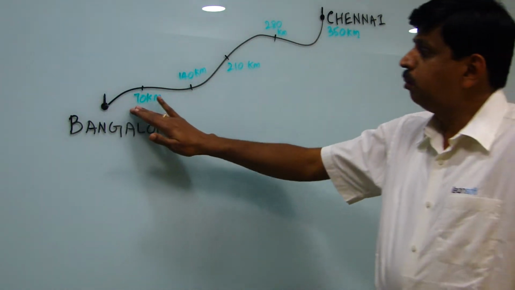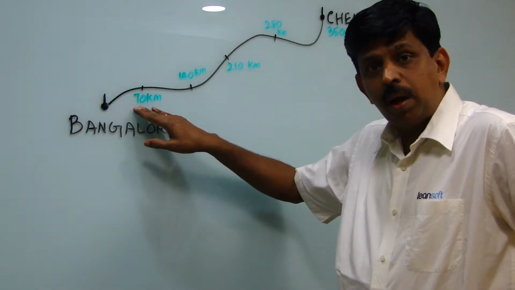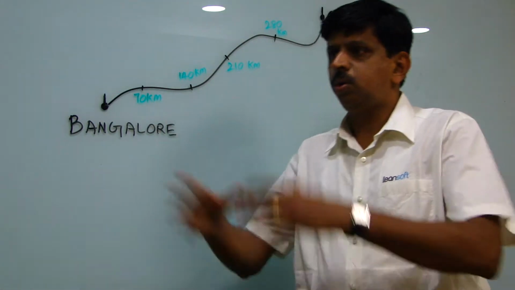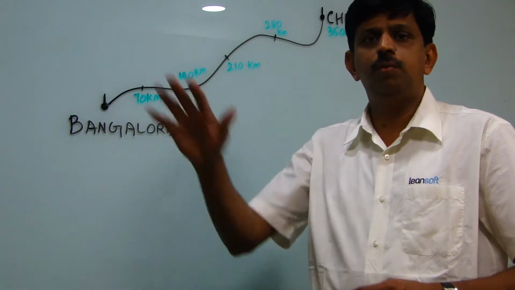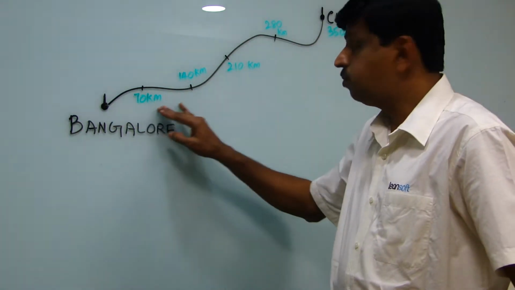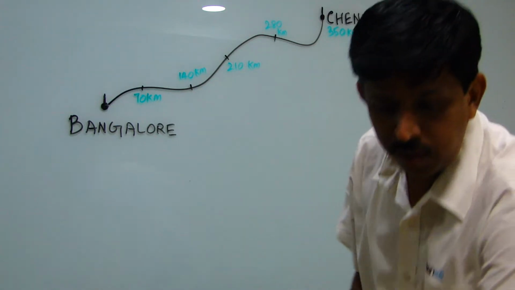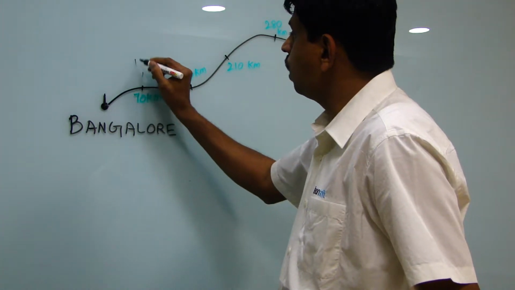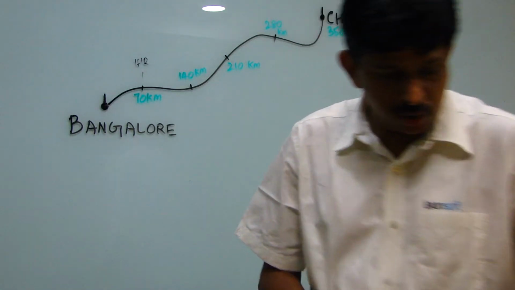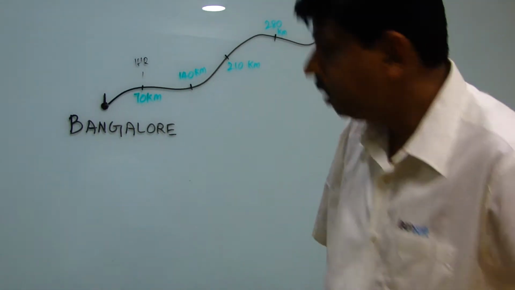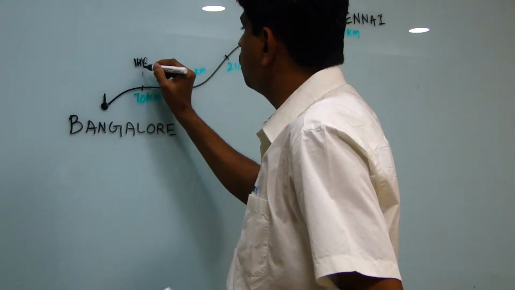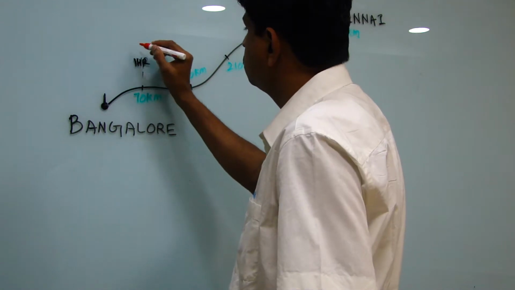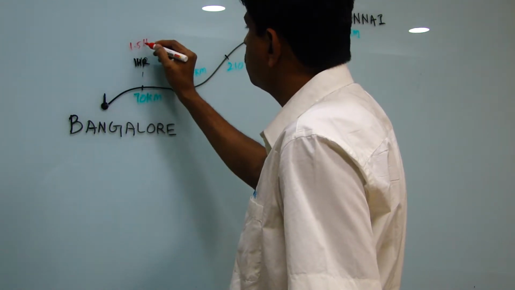Let's say that you start moving again, and then you cross the Bangalore outskirts, and at some point you realize that, hey, you're able to drive fast. The road is empty, there's no traffic, and there's a very beautiful highway. I'm driving much faster. I was supposed to reach in 1 hour, and I actually took, say, 1.5 hours.